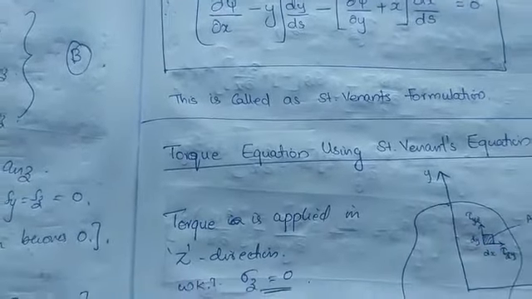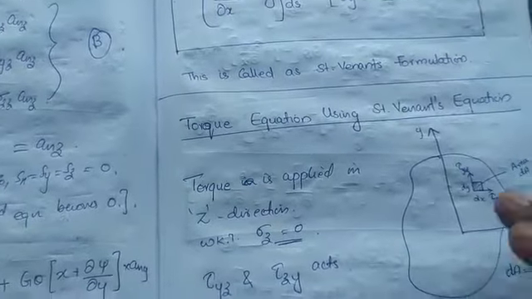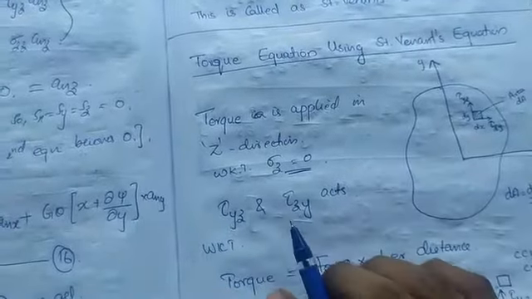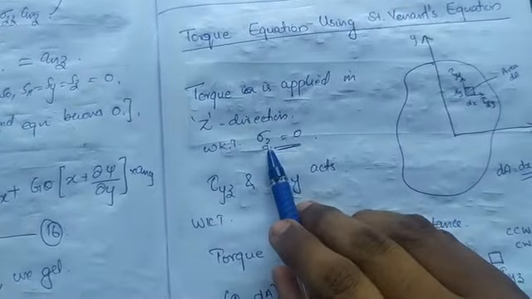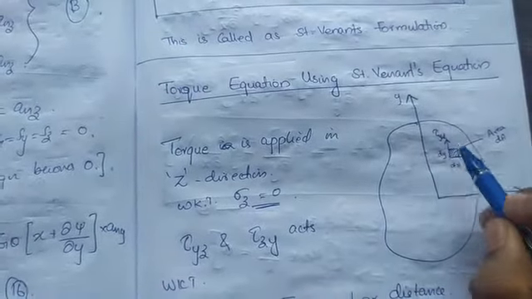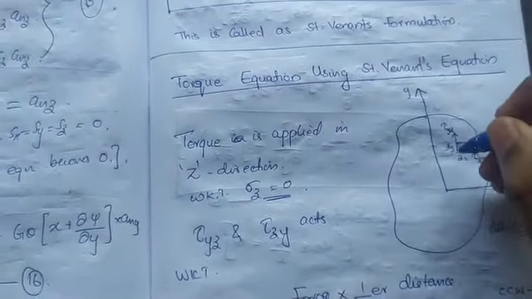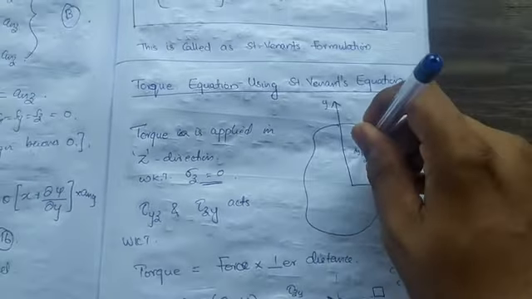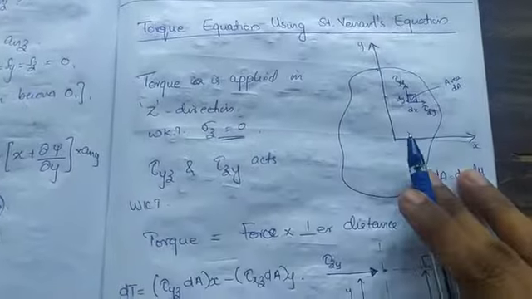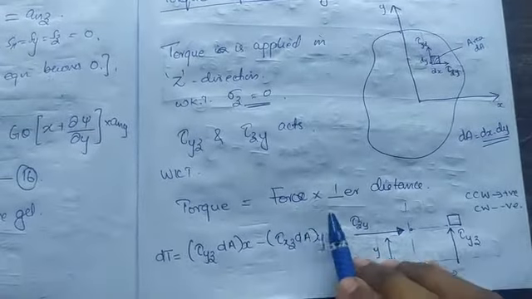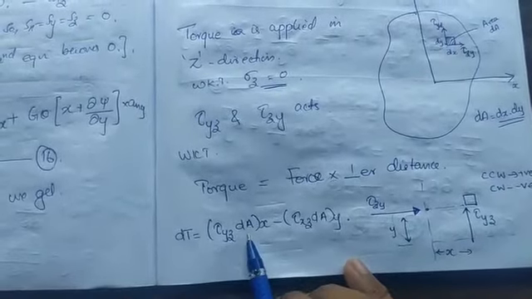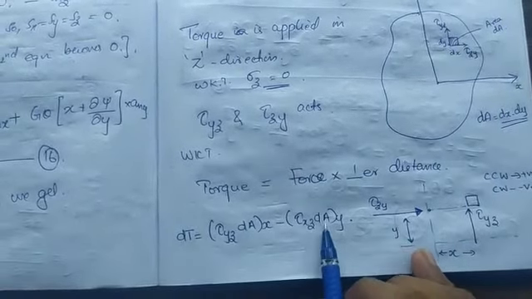So what do we mean by torque? Torque is nothing but force into distance, right? Here torque is applied in the z direction, and you know sigma z is 0, so there is no normal stress in this direction. Only shear stresses occur here. So torque is equal to force into perpendicular distance. dT is equal to tau yz into dA into x minus tau xz into dA into y.